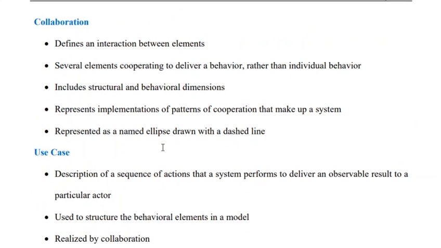Now let us move on to collaboration. Collaboration represents a set of elements interacting with each other in order to realize a particular behavior. Several elements cooperate with each other in order to realize a particular behavior.